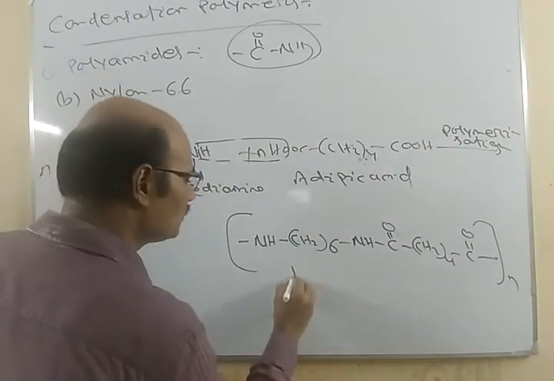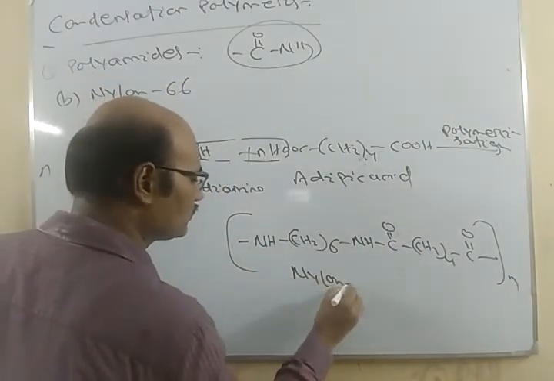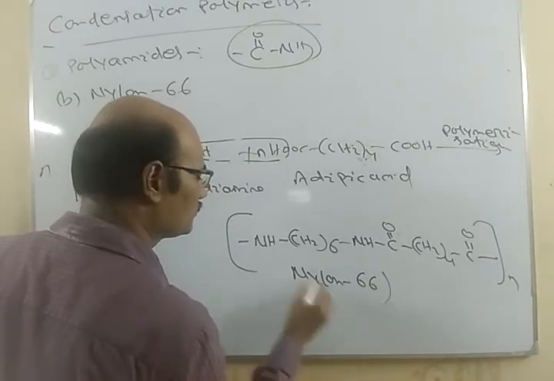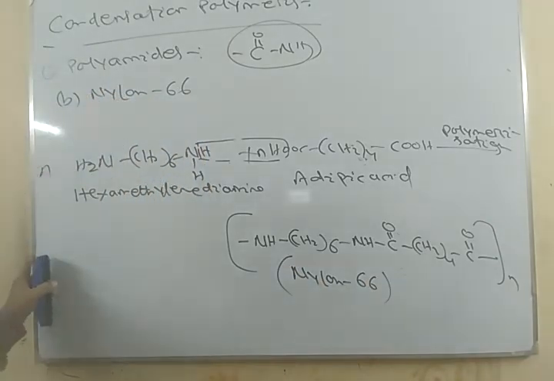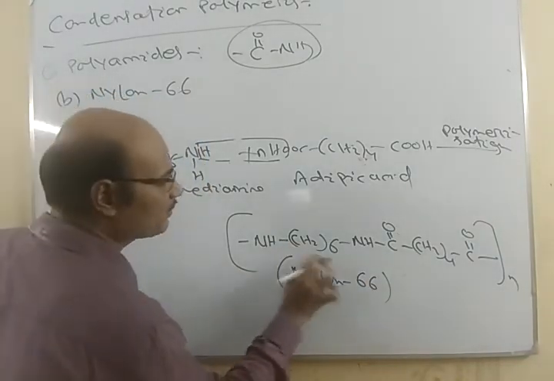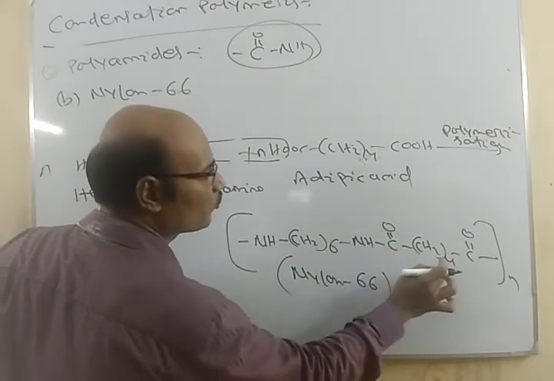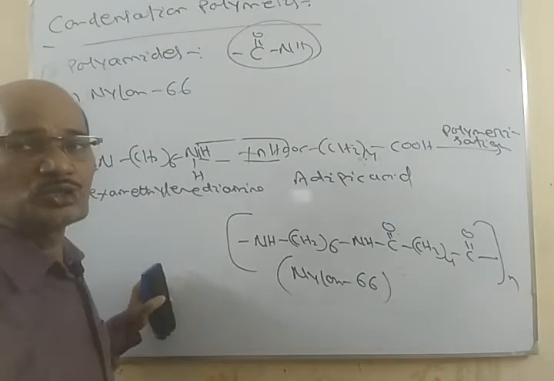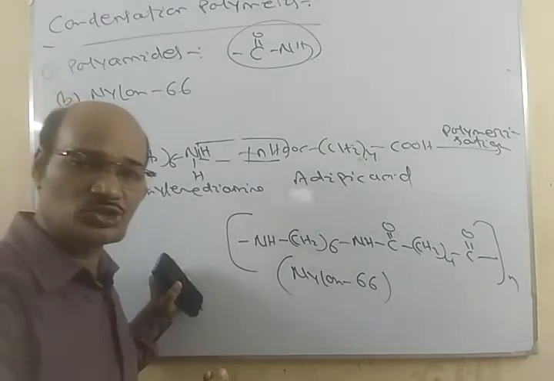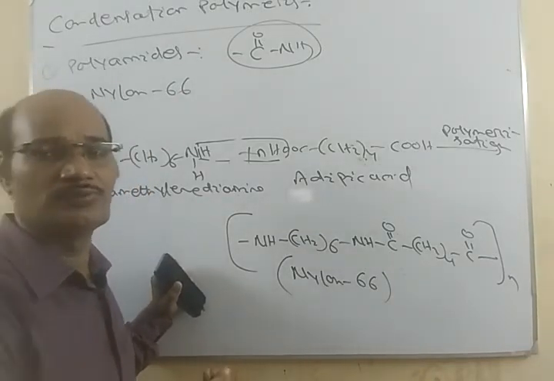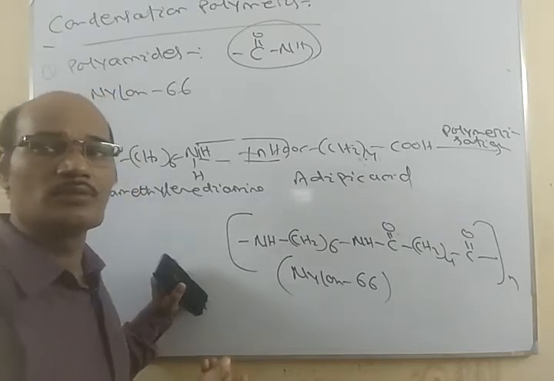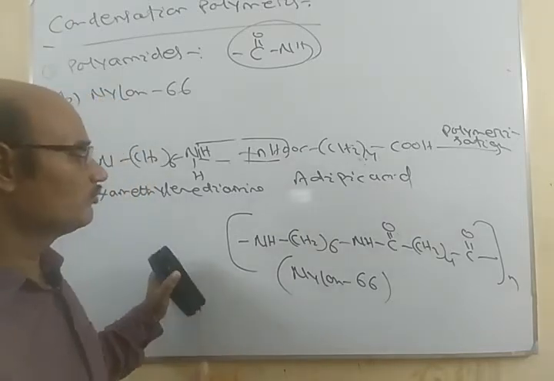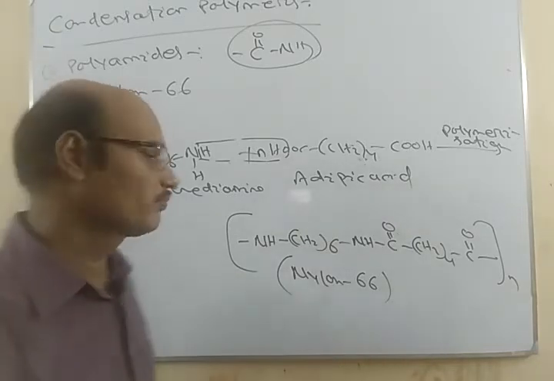This is called nylon 66. Okay, why 66? You see 6 carbons here, and 4 plus 2, 6 carbons. Called nylon 66. Okay, so they are also strong. They can also be used for different kinds of fabrics and also for tires.